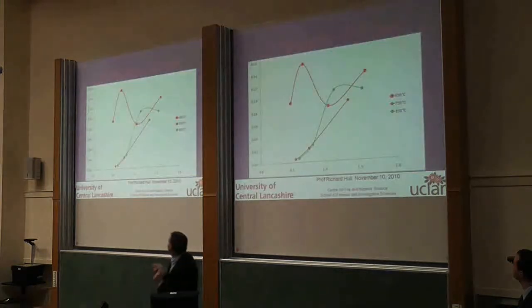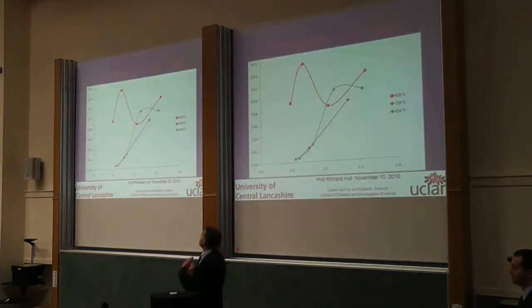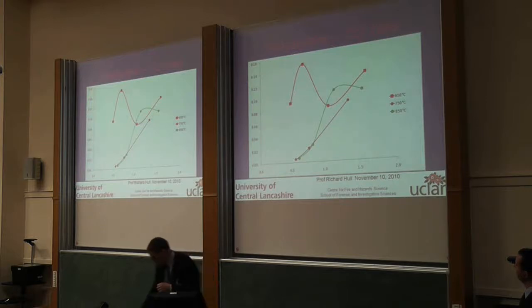Again, doing the same thing, and this data wasn't specifically collected for this purpose, but at 650 we get a high yield of carbon monoxide across the board, and as we go up to 750 and 850, we start to get a low yield of carbon monoxide at higher temperatures. So we're starting to then get better burning until we go up to the higher temperatures.